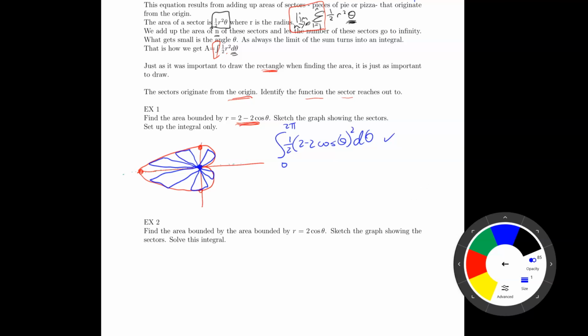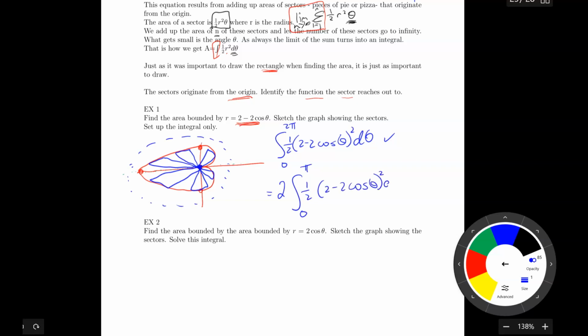I also could use the symmetry. Can you see that from 0 to pi is the same as pi to 2 pi by the nature of the graph? So I could say 2 times the integral from 0 to pi, and then have everything else inside the same. The convenience of that is that the 1/2 and the 2 would cancel, right?